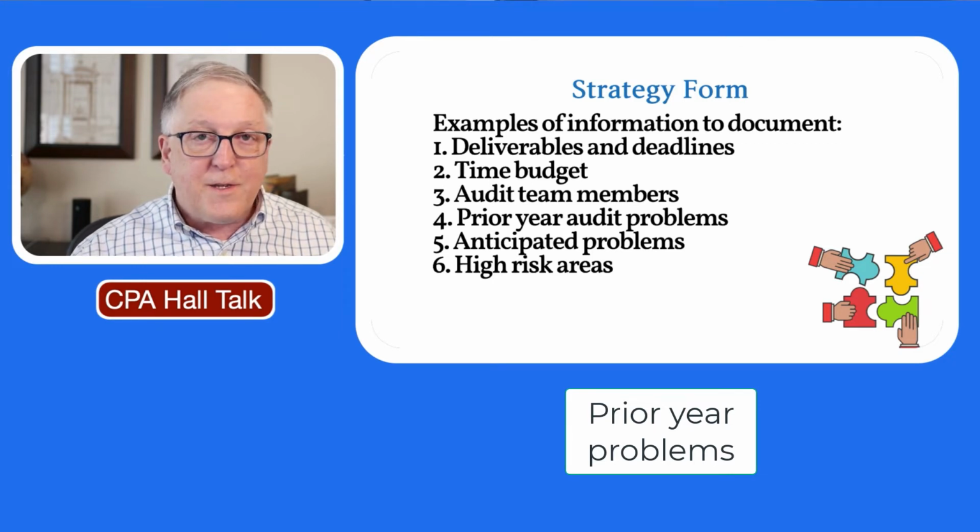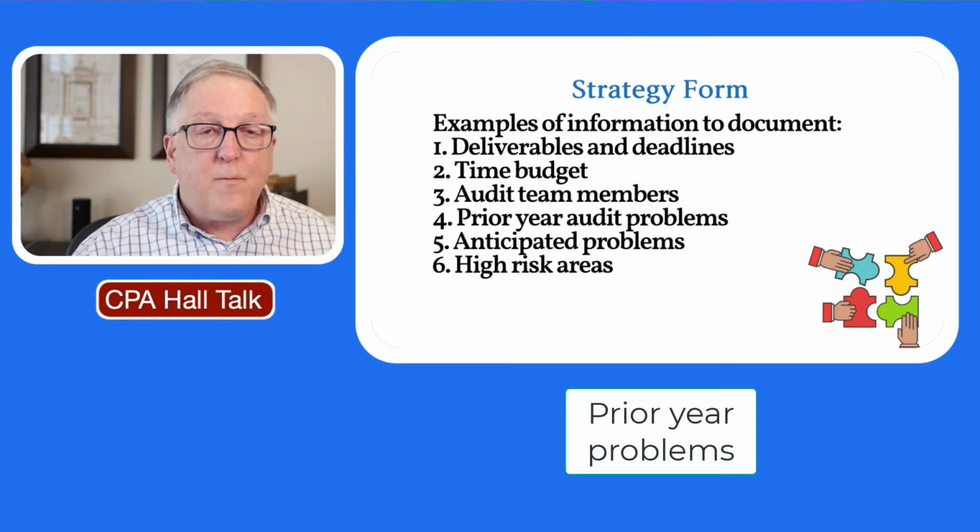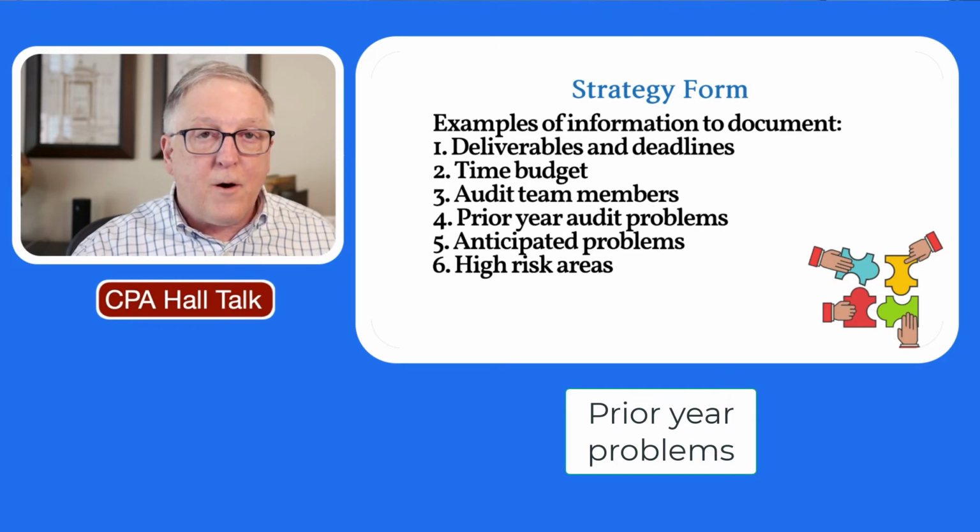Number 4, the prior year audit problems. Now, this is not required. To me, it just makes sense as part of project management. So if you had particular problems last year, wouldn't you like to avoid those this year? And you can simply by identifying those early on and then planning a means to deal with those issues.